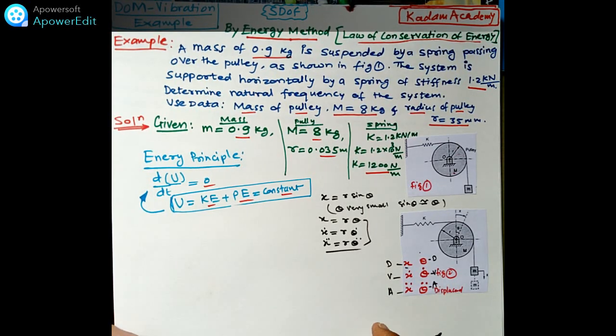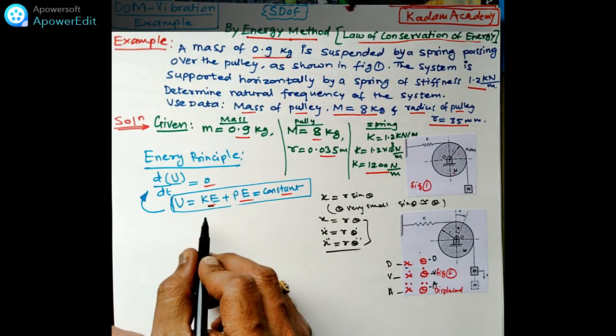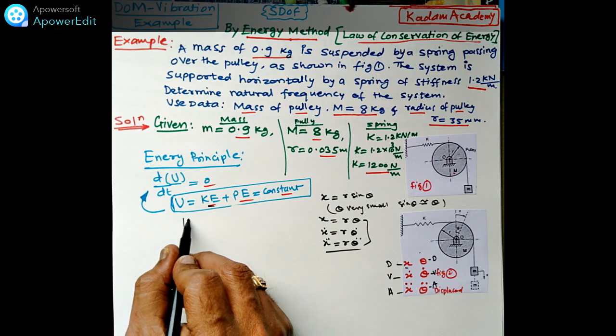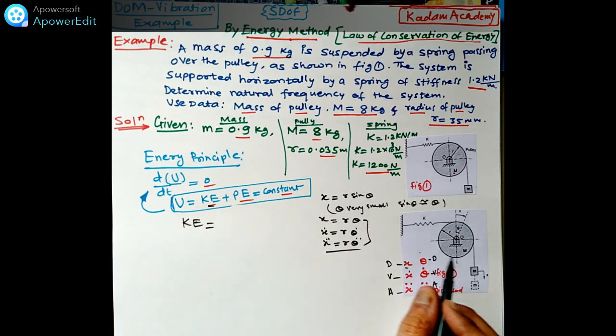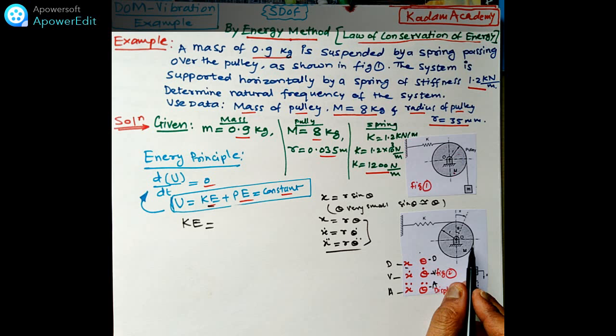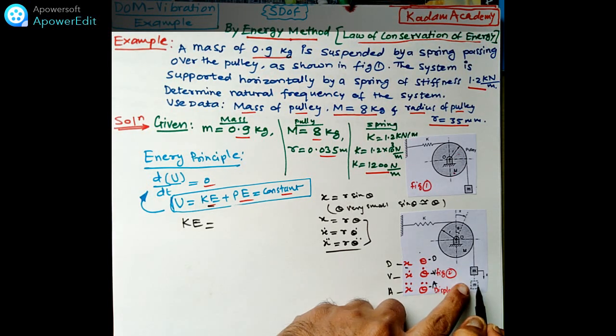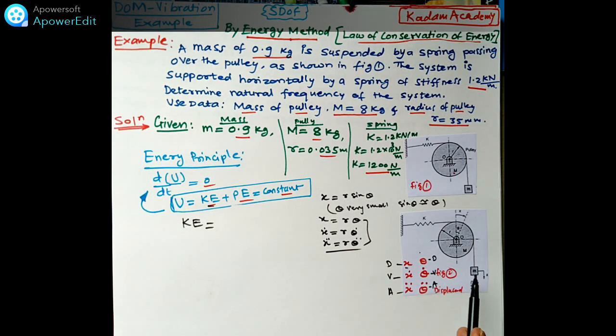So what will happen then? Where do we find KE? KE is the addition of the kinetic energies; in this case the mass is moving linearly. Here you see this mass moves in this direction, linear motion.